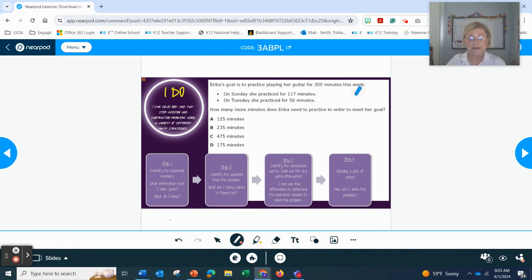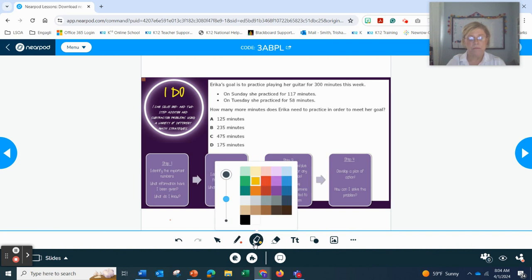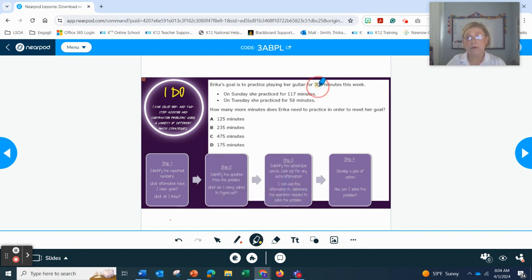So, step 1, identify the important numbers. What information have I been given, and what do I need to know? So, what are those important numbers? We know that her goal is to practice for 300 minutes.